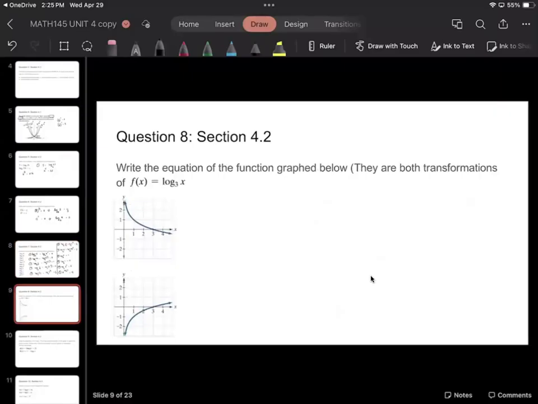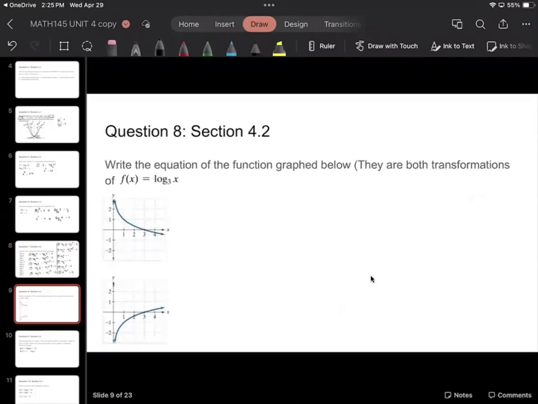Okay. Write the equation of the function graphed below. They are both transformations of log x to base 3. All right, so the log function is supposed to look like this, correct? So it has an x-intercept of (1, 0).